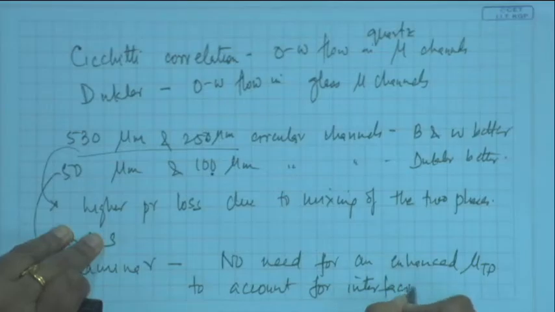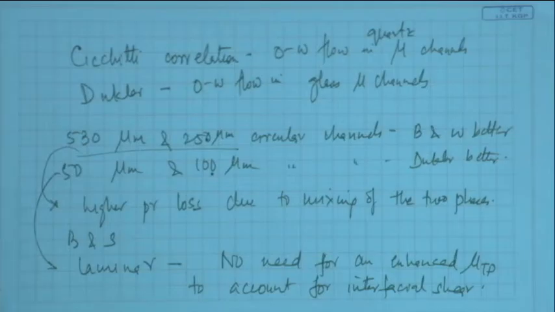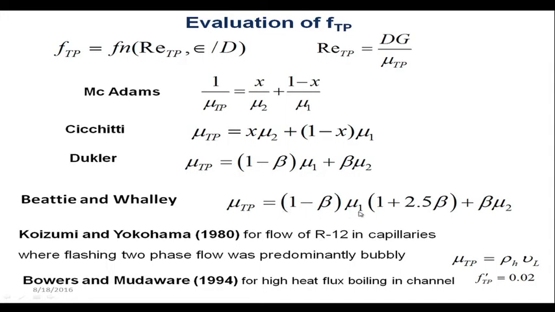So, it is very important to remember that under the same condition, this gives a higher effective viscosity, and therefore, when there is extra interfacial shear due to increased mixing at the interfaces, naturally this correlation gives us a better result, whereas when the flow is more or less laminar and the interfacial shear is not very high, then in that case the Duckler correlation is better.